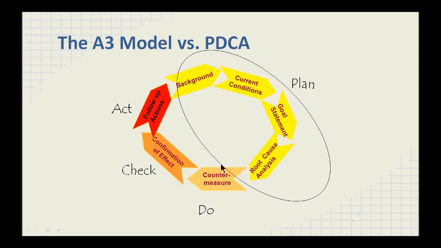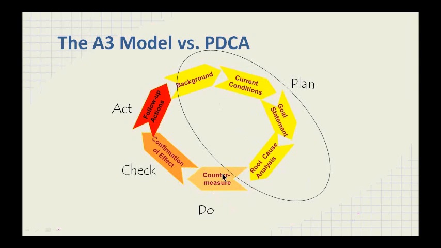One of the things you might want to consider in the countermeasure is to apply mistake proofing techniques or Poka-yoke. Those are techniques that you can apply in manufacturing or service to ensure that mistakes are not possible to be made, using the countermeasure.